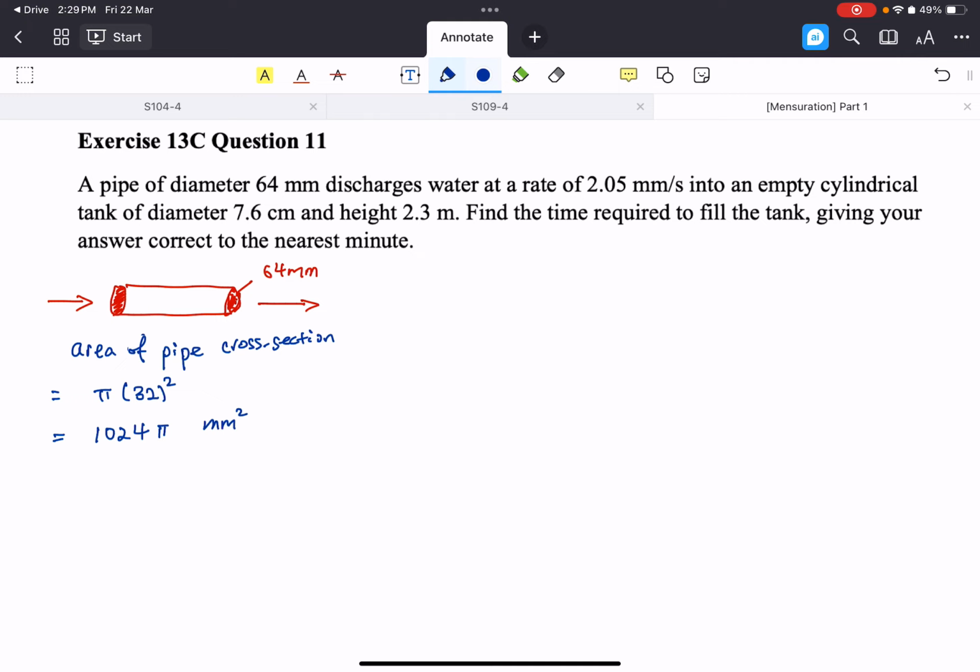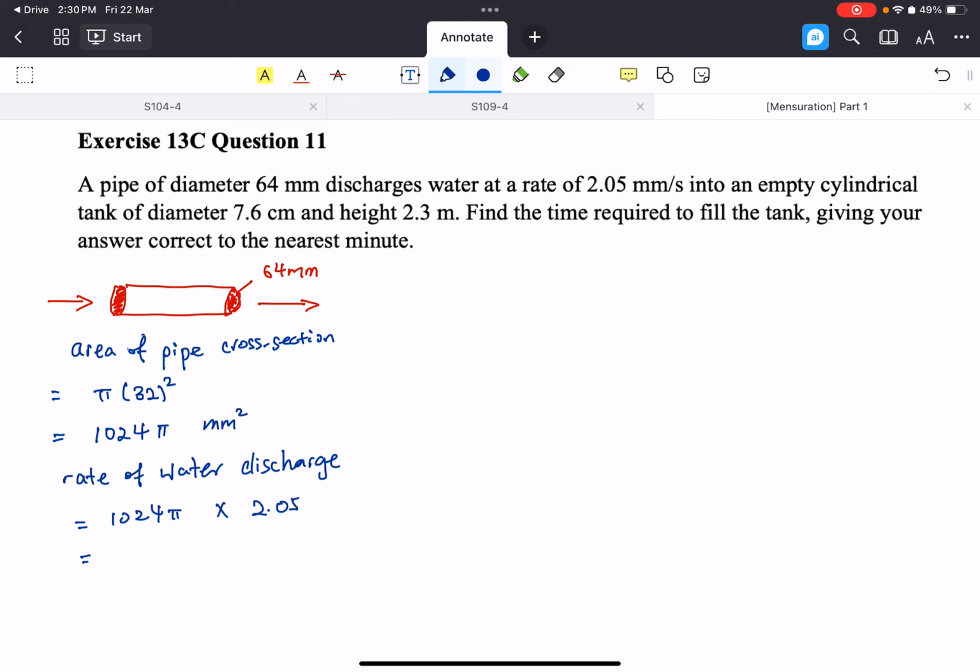So the rate of water discharge is equal to 1024 pi times 2.05, right?